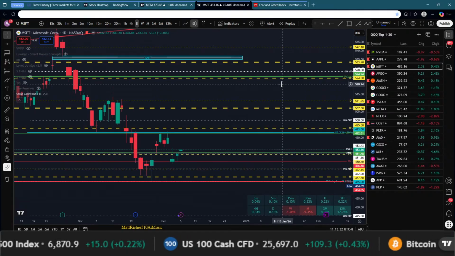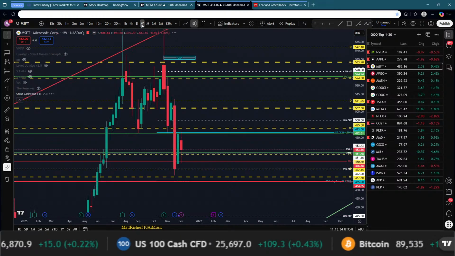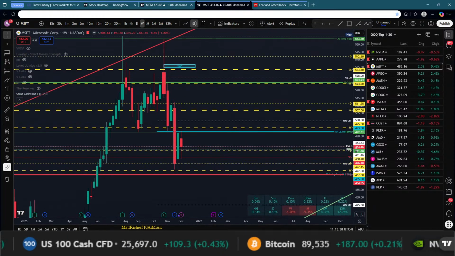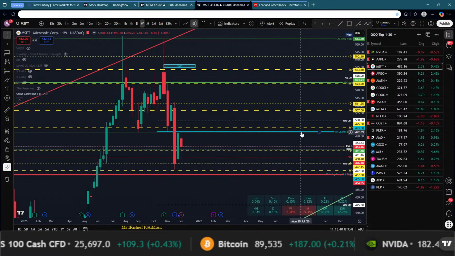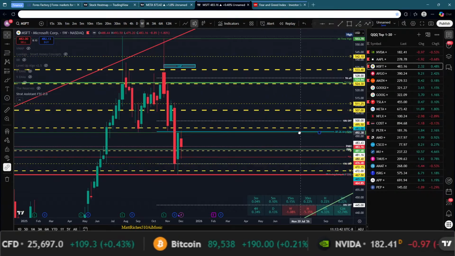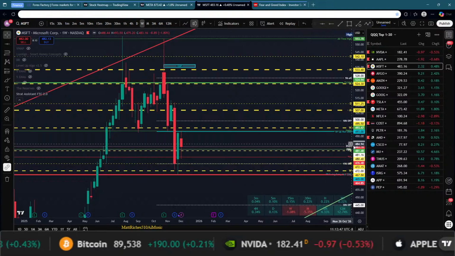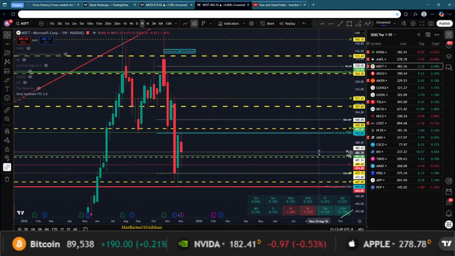Okay, so Microsoft next. Let's go to the weekly level. So what we want to do, we have our previous week high, put it at the top of this candle, and then we have our previous week low.